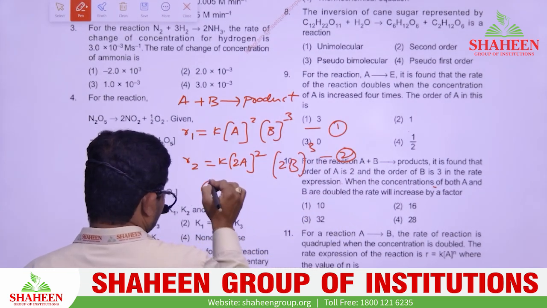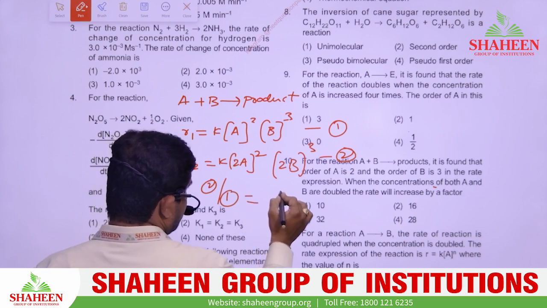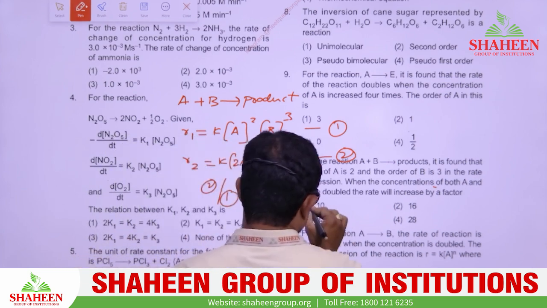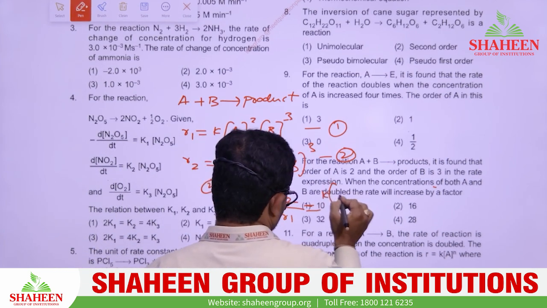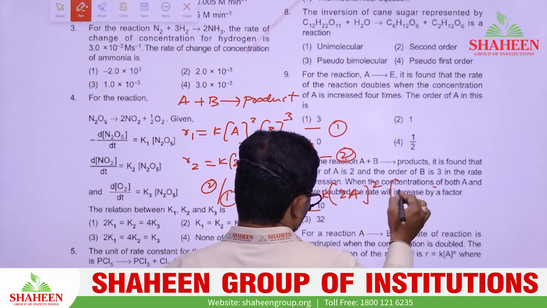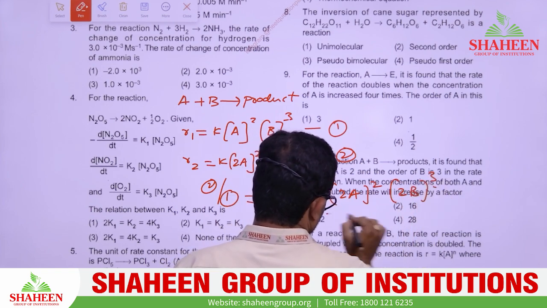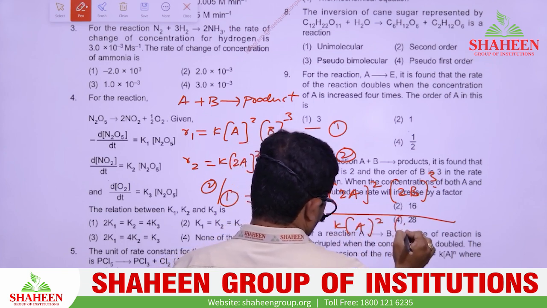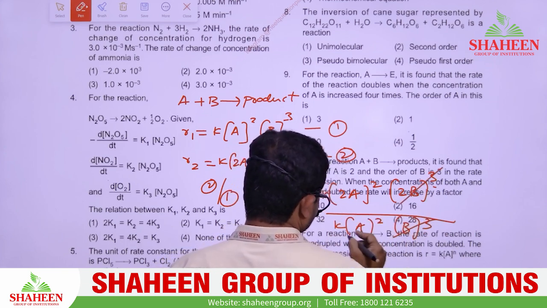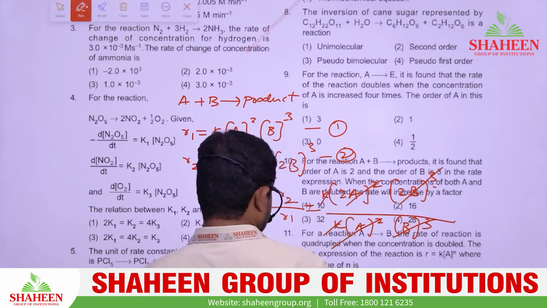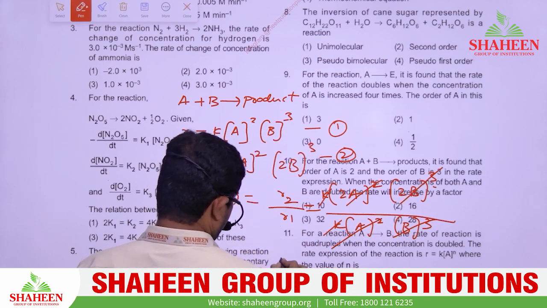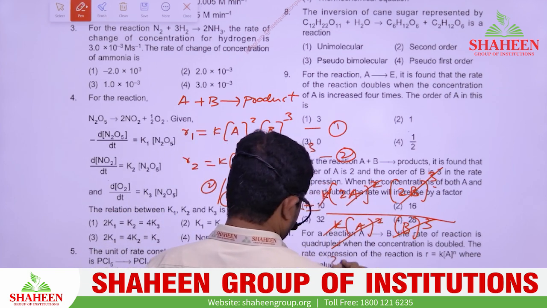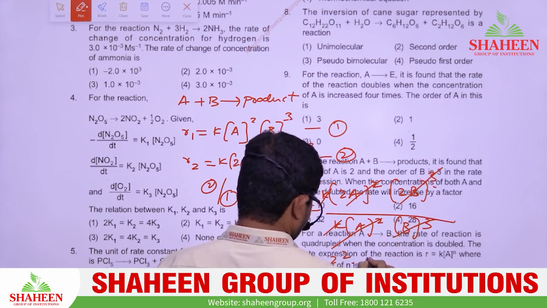So if we divide 2 by 1, R2 by R1 is equal to K (2A) square (2B) power 3 by K A power 2 B power 3. B power 3 cancels, A power 2 cancels, K cancels. Now R2 by R1 is equal to 2 square times 2 power 3.